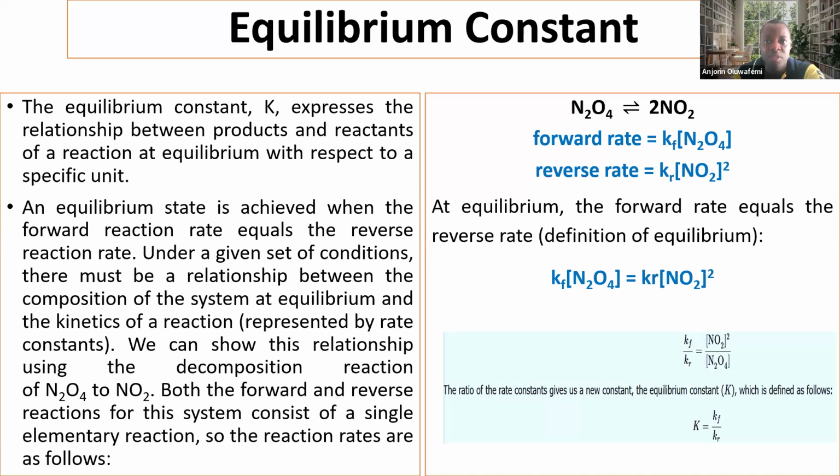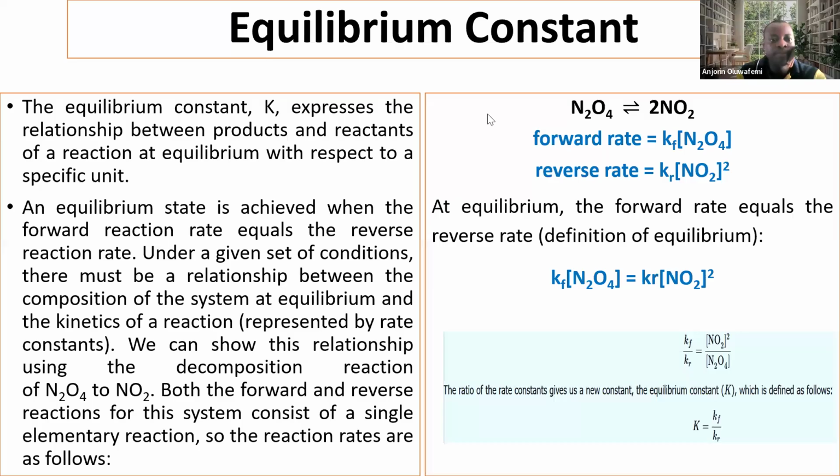Okay, so let's pause a little and reflect on that briefly before I continue. So an equilibrium state is achieved when the forward reaction rate equals the what? The reverse reaction rate under a given set of conditions.